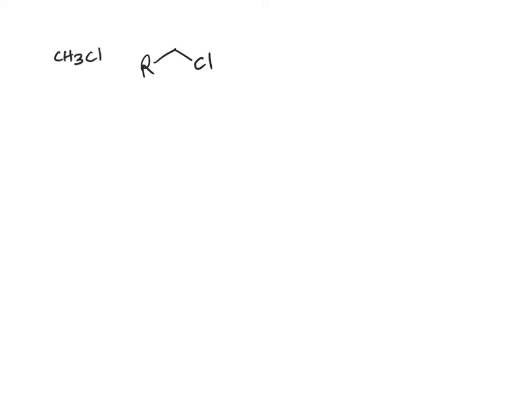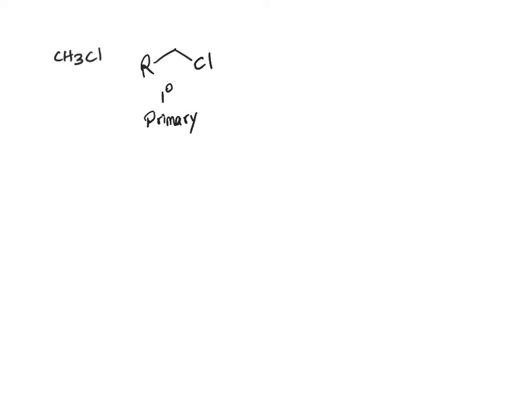If a halogen is bonded to a primary carbon, we call it a primary alkyl halide. And what is a primary carbon? A primary carbon is a carbon which is bonded to one other carbon and 2 hydrogens.